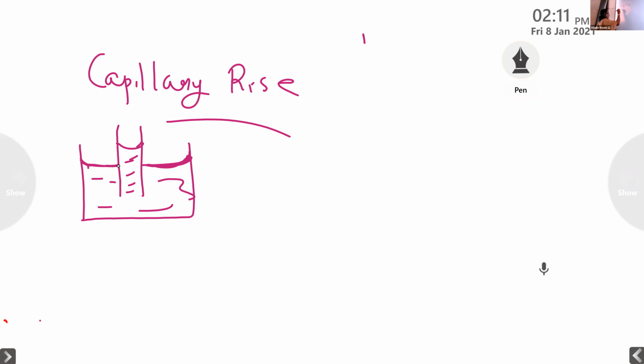This is because of atmospheric pressure. There is a force acting, pulling the liquid molecules upward. At the same time, there is a force acting downward. If you take a glass tumbler, fill half of it, and observe the end part of the free surface, you can see the water making a concave shape.